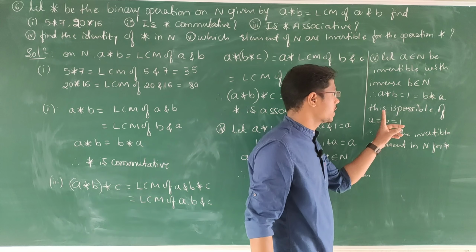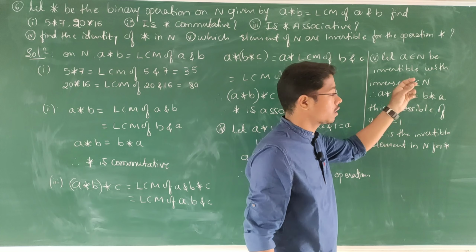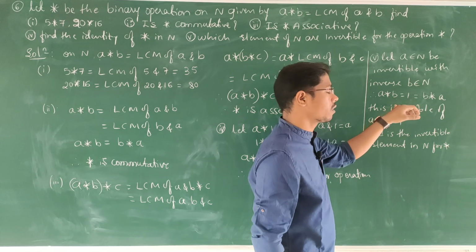Why 1? For a star b, the LCM of a and b, to be 1, both must be 1, and 1 star 1, the LCM of 1 and 1, is always 1. Therefore, for the identity element to come here, these two should be equal to 1. So the existence of the inverse is possible only if a equals 1 and b equals 1, and 1 is the only invertible element in the set of natural numbers N for the operation star. This is about the inverse.